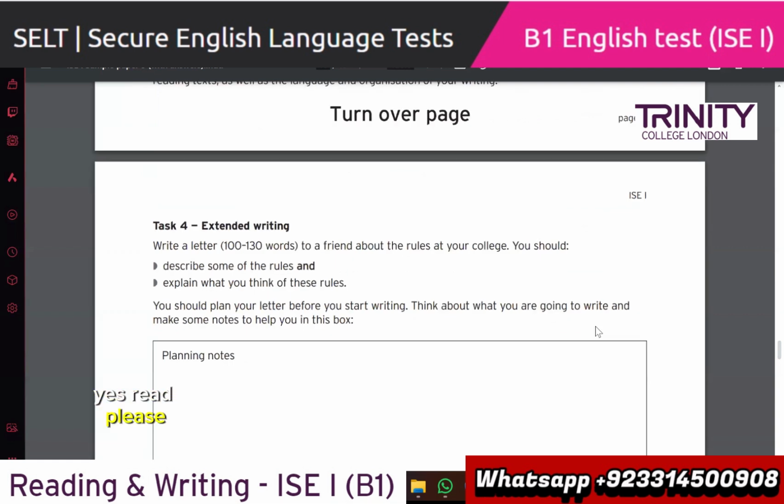Yes, read, please. Write a letter of 100 to 130 words to a friend about the rules at your college.